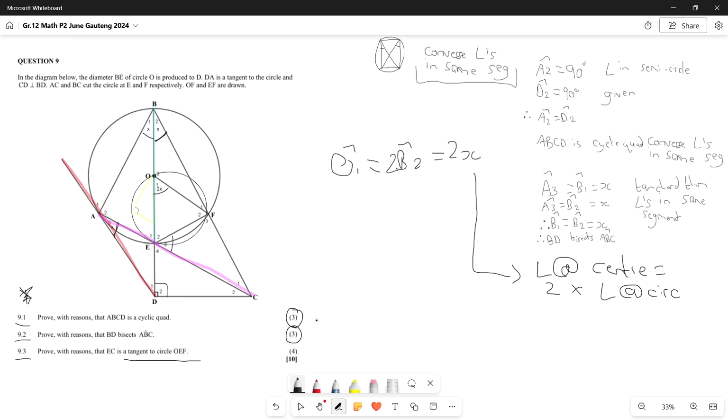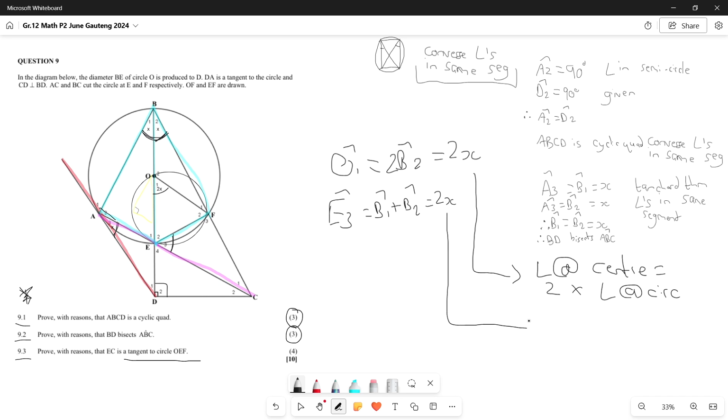We just need to know why, because if we look at our original circle and the cyclic quadrilateral EABF over here, we can see that E3 is the exterior angle of our cyclic quad, which means that E3 is the angle outside our circle, and E3 equals B1 plus B2, because exterior angle of a cyclic quad equals its opposite interior angle. So E3 equals B1 plus B2 equals 2x.